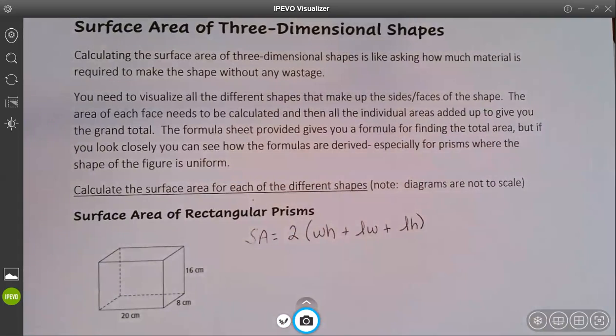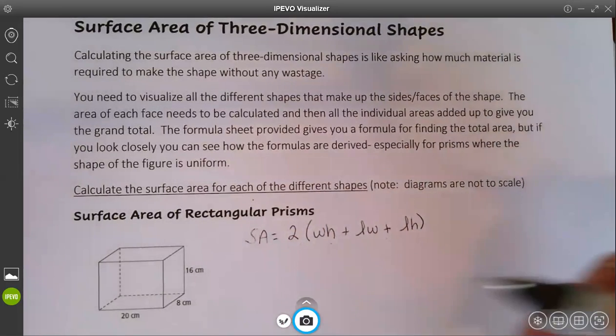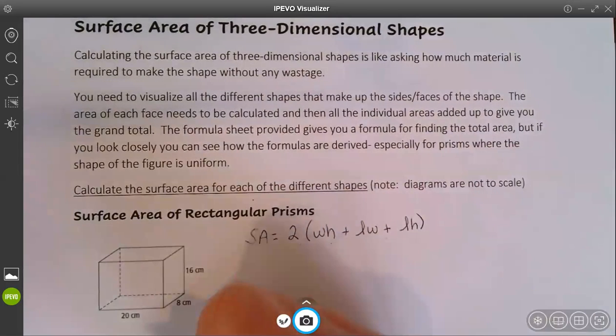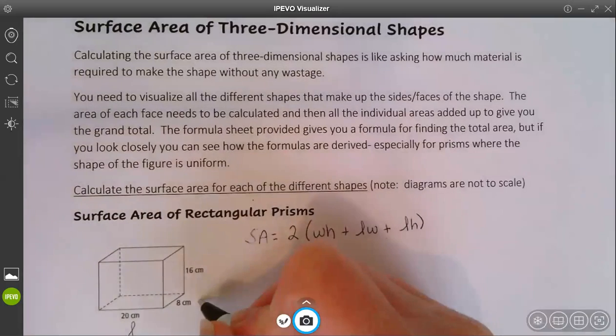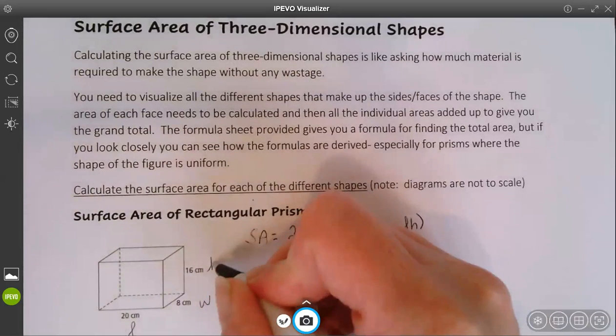And so the reason for this is that they are finding the area of each of the 3 different faces, adding them together and multiplying by 2 because the other part of the prism is going to be identical. Okay, so this is our length, this is our width, and this is our height.